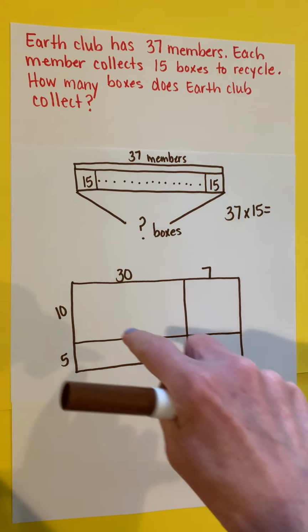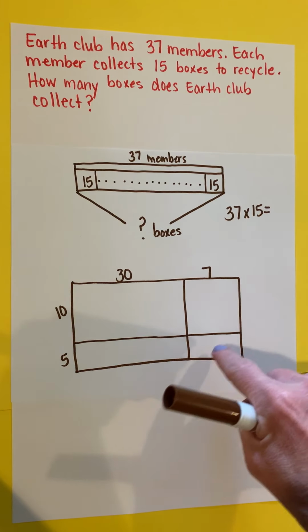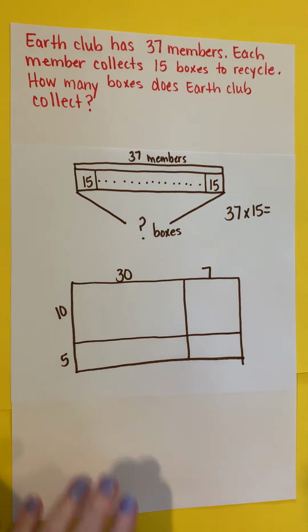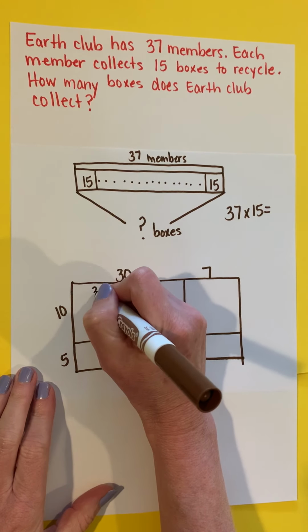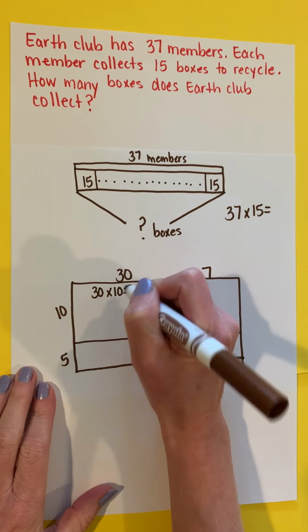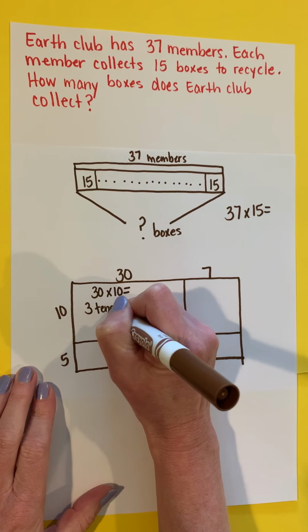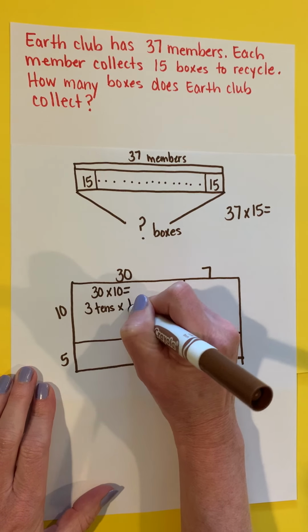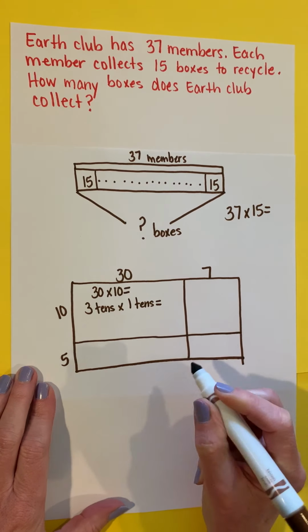When I'm looking at my boxes, I know this answer should be the greatest and this answer should be the least. So I'm going to work 30 multiplied 10 times. I'm going to think about that as 3 tens multiplied by 1 ten, just because when you're multiplying with zeros, it can get tricky.